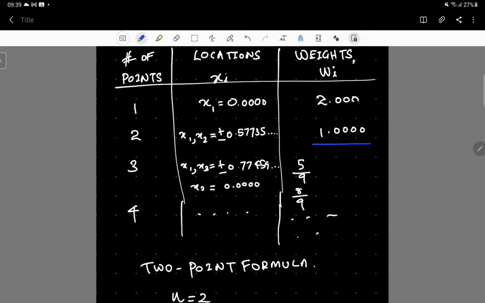The corresponding weight factors are 1, and the locations of the x values, which is decided by the Gaussian method, which gives the minimum error, is plus or minus square root of 1/3, or in other words 0.5773, and so on.